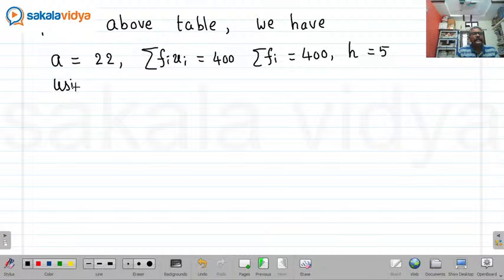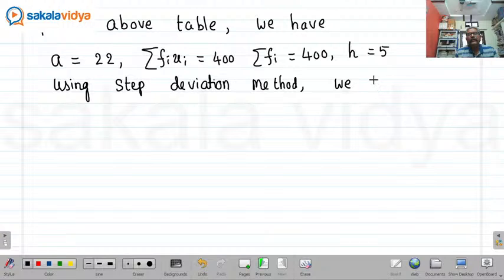Using the step deviation method, we have a formula. Write down, what is the formula? Formula is important.